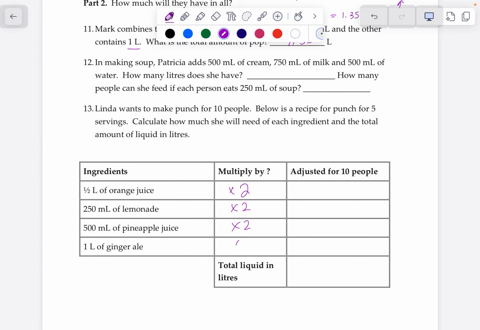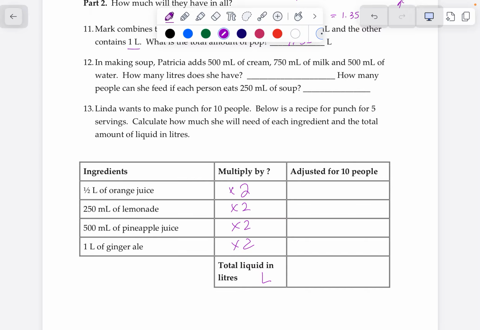Now, be careful. See how it says, what is your total liquid in liters? I would probably take all of these and make them liters before I did my math. Otherwise, if you have milliliters over here, make sure you're answering the correct question. If they want it in liters, give it to them in liters. If you do your math in milliliters and then convert, I'm okay.